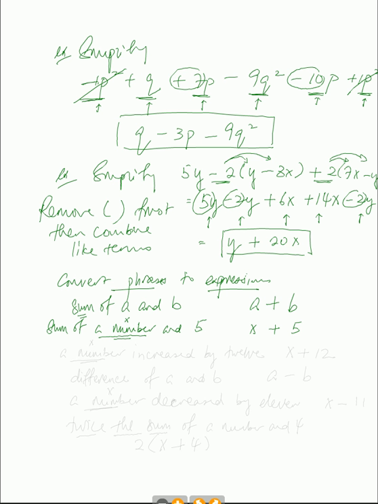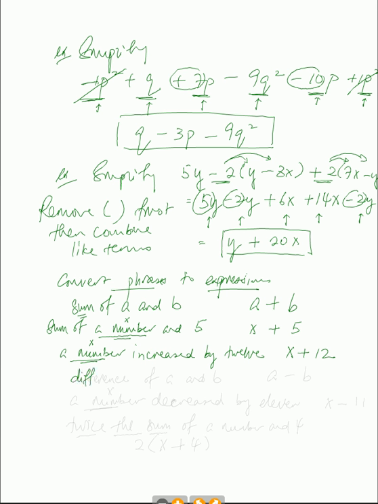So what other ways can we talk about? We can say, instead of using the word sum, I could say a number increased by 12. Okay, so when you see a number, it means X. Increased by is just another way of saying plus, so that will be a number plus 12. So enough of plus. How about minus? What word would I use for minus?